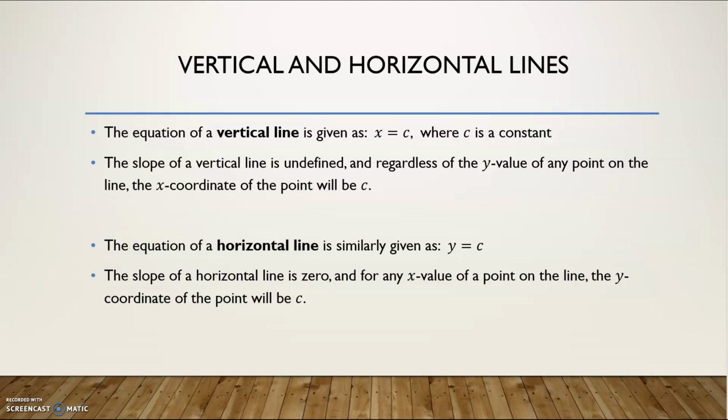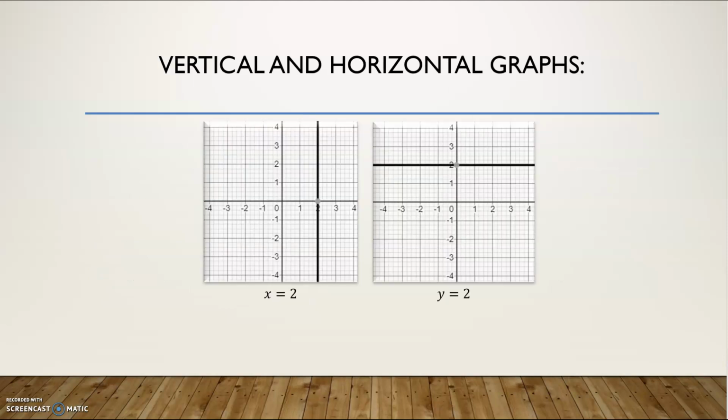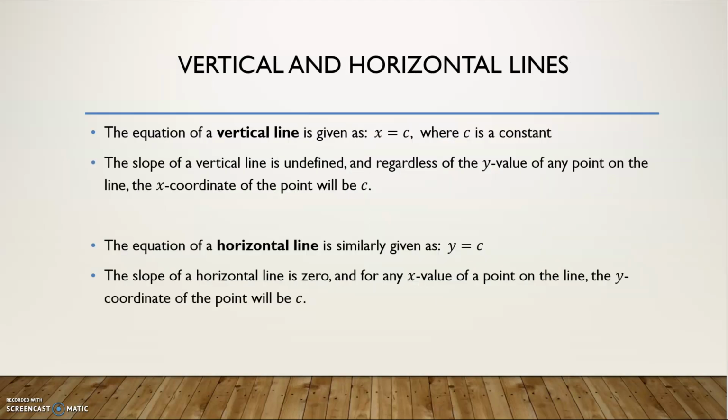Okay, so first of all, we'll look at this one right here. X is equal to 2. So we're looking at this first graph right here. Now, it says that c is a constant, x is always going to be 2. The slope of the vertical line is undefined.